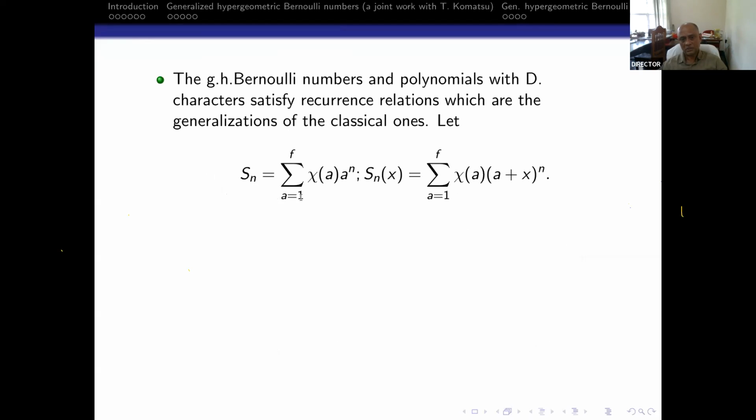So if you write S_n equals the sum over a equals 1 to f of χ(a) a^n, this character sum, and S_n(x) is the sum of χ(a) (a+x)^n, a equals 1 to f, where χ is a character that I'm taking with conductor f.